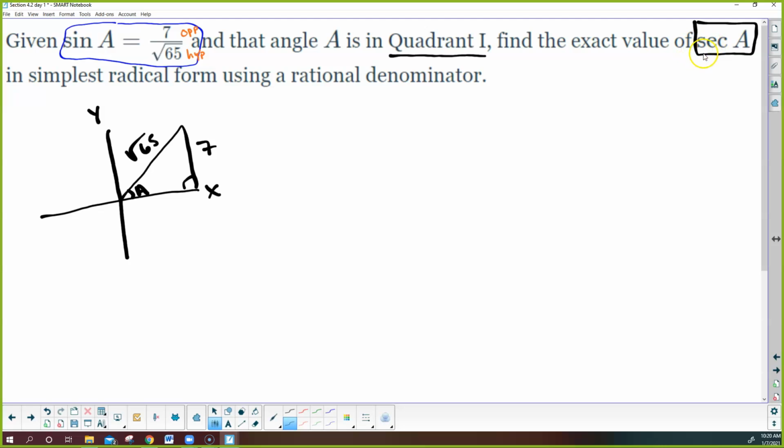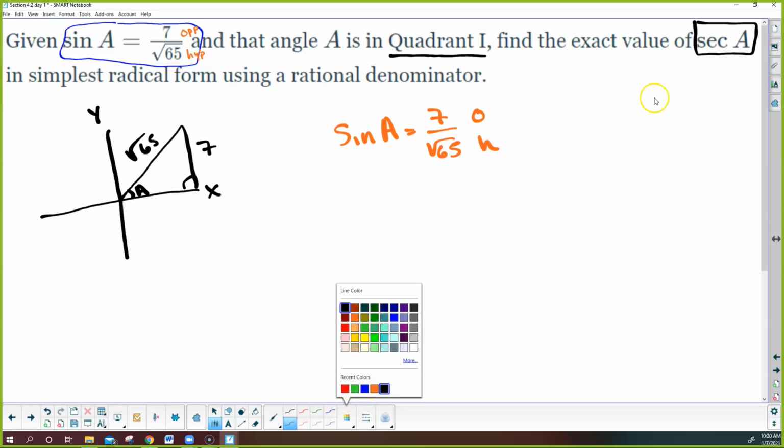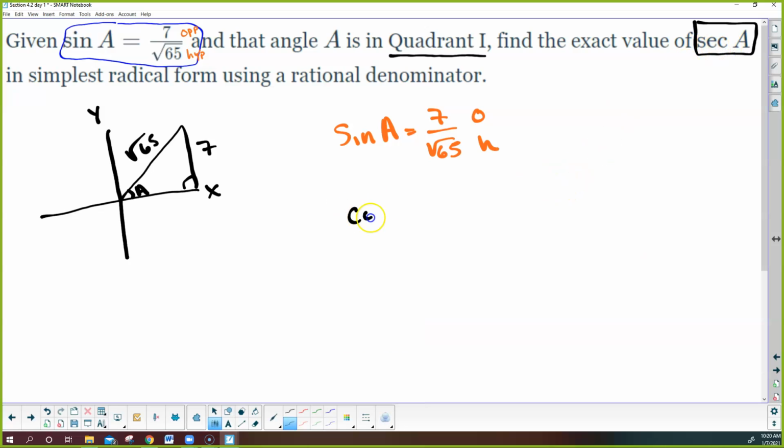Well, I'm thinking, what do I know? And what do I need to figure out? So we know we have the opposite over the hypotenuse. And I know that if I spell secant backwards, that's cosine. And cosine is the adjacent over the hypotenuse.